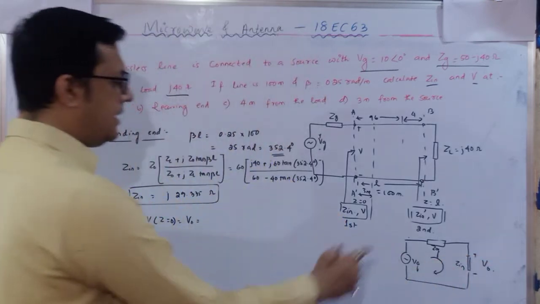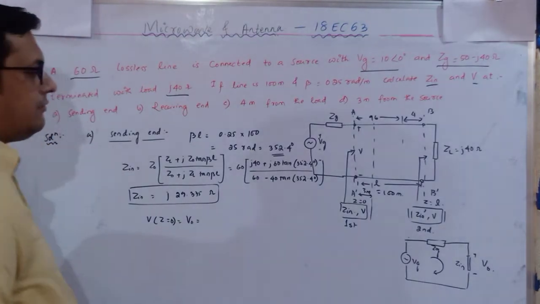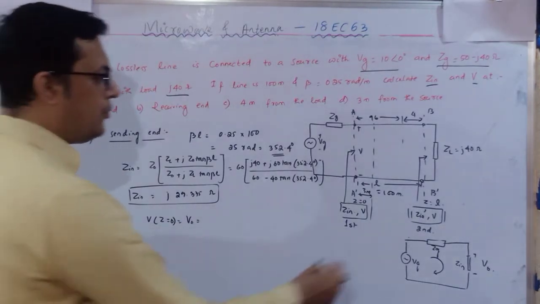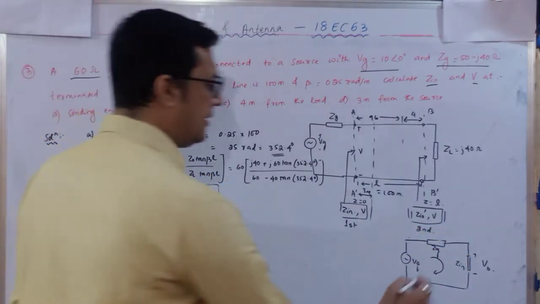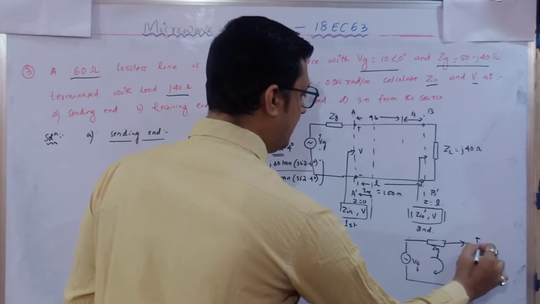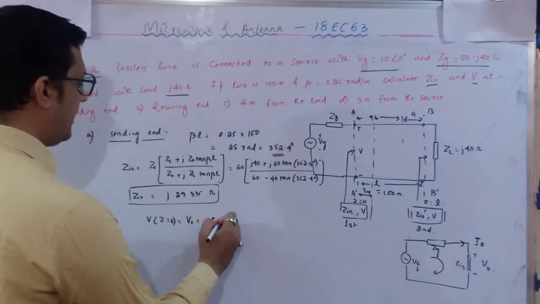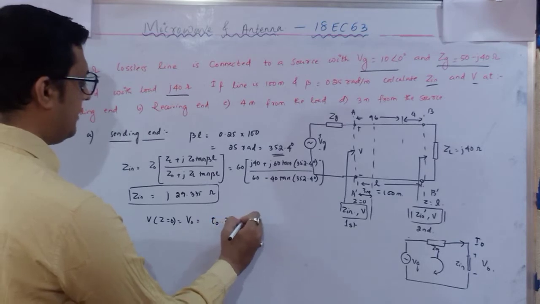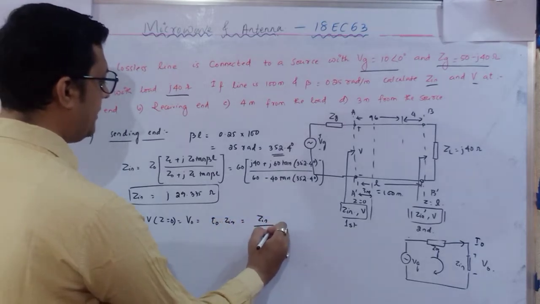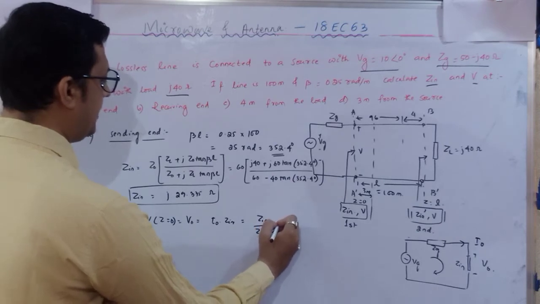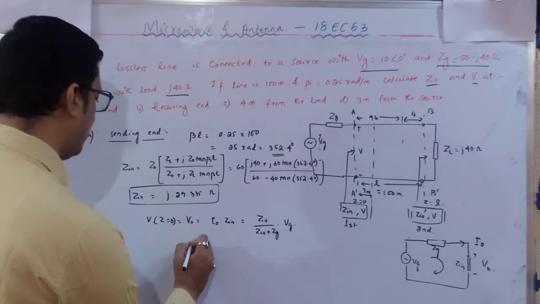With the help of this figure you can determine V0. V0 is the potential drop across Zin, where the current is I0, so it is I0 into Zin. So I will write V0 = Zin divided by (Zin + Zg) into Vg.